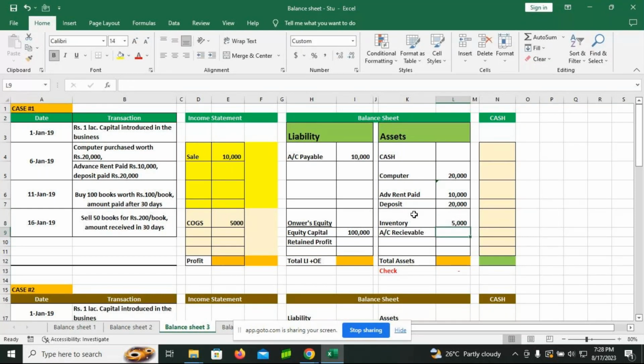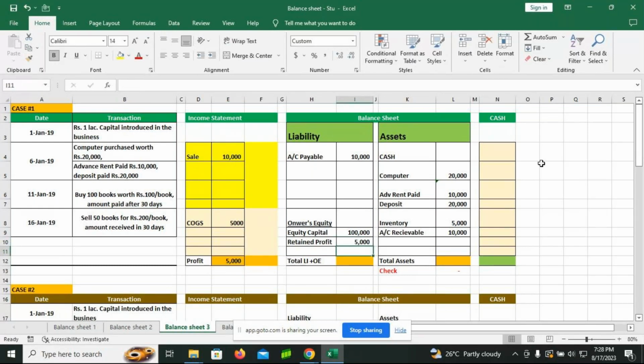Okay. So amount received in 30 days: the amount I have to receive is 50 into 200. Okay. So now here equals sales minus COGS. Retained earnings will be equals 5,000.